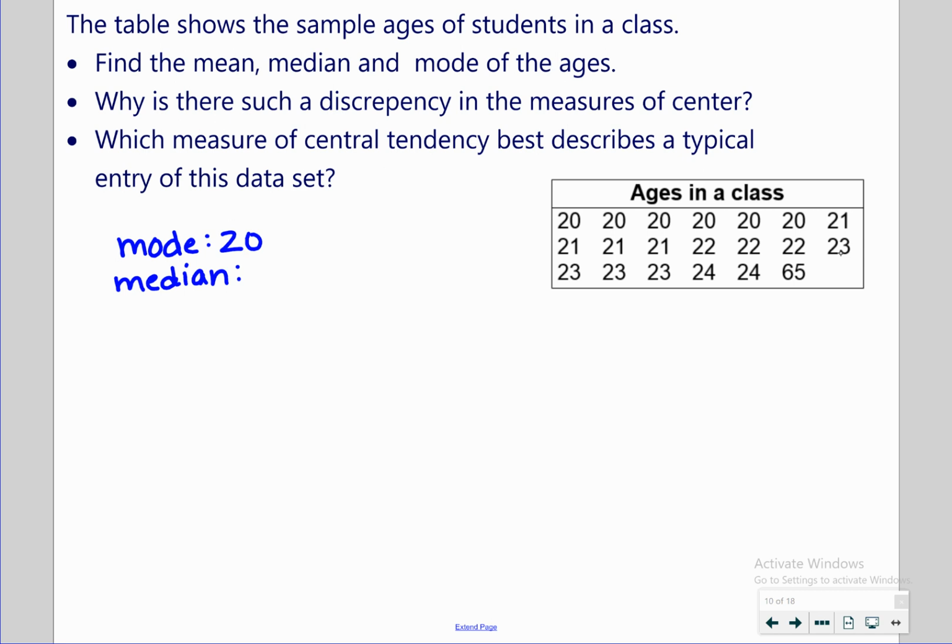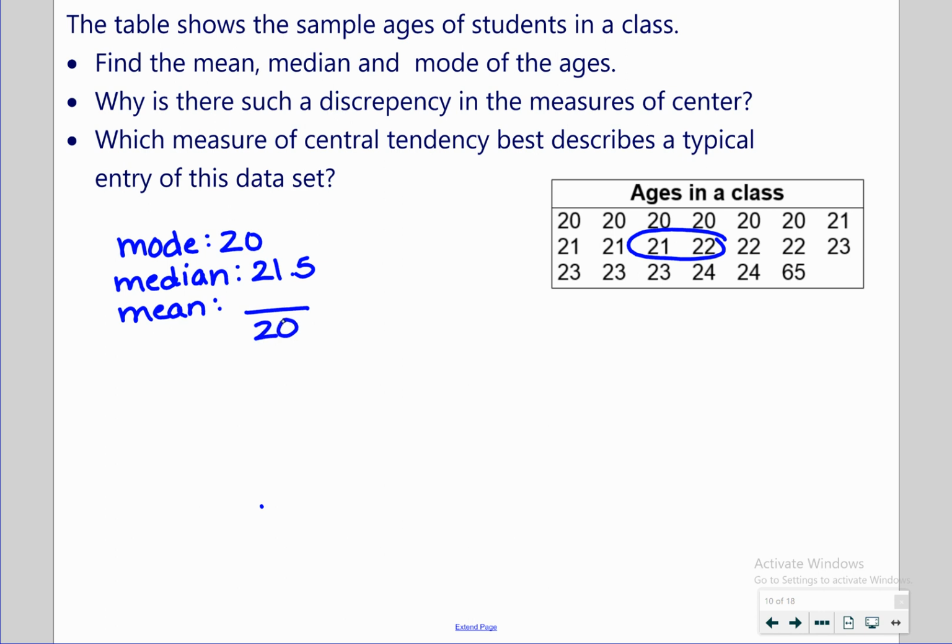It's going to be the 10th and 11th number in the list that are going to be the 2 in the middle. But then you can count it or cross out or whatever to get to it. 1, 2, 3, 4, 5, 6, 7, 8, 9, 10, and 11. So 21 and 22 are in the middle. They've got 9 numbers before it, 9 numbers after it, which means my median is just 21.5.